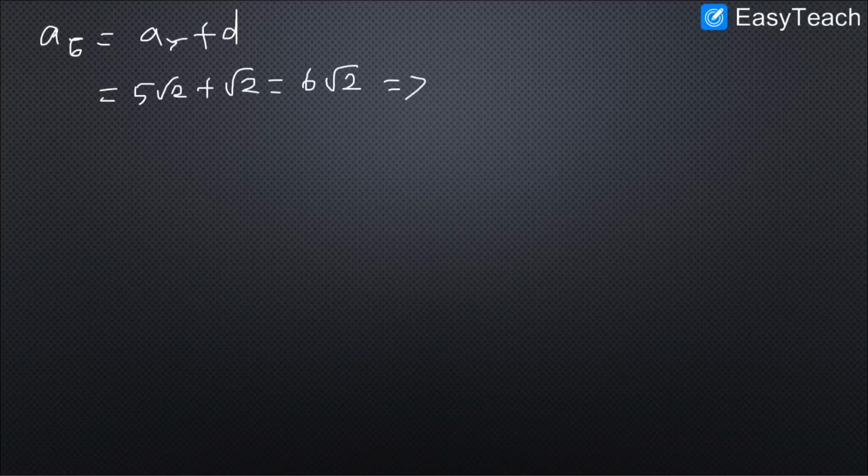For the 6th term, A5 plus D, here A5 is 5 root 2 plus root 2 equals 6 root 2. Same as here, 6 into 6 into 2, 6 6s are 36 into 2 gives me 72.